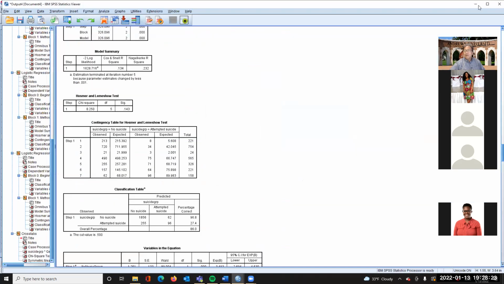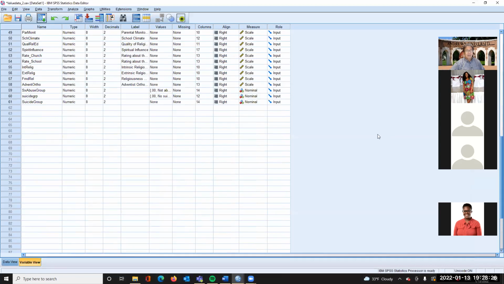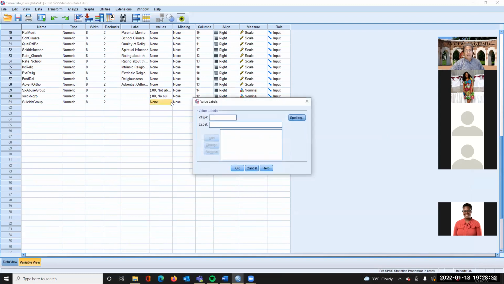And you now have a new variable called suicide group. Make sure that you then label it so that 0 represents no suicide, click Add, and 1 represents suicide.